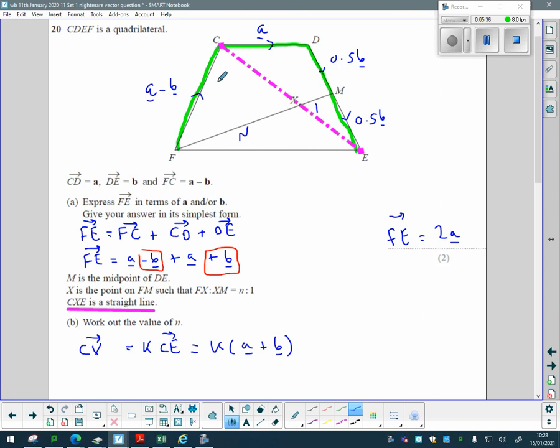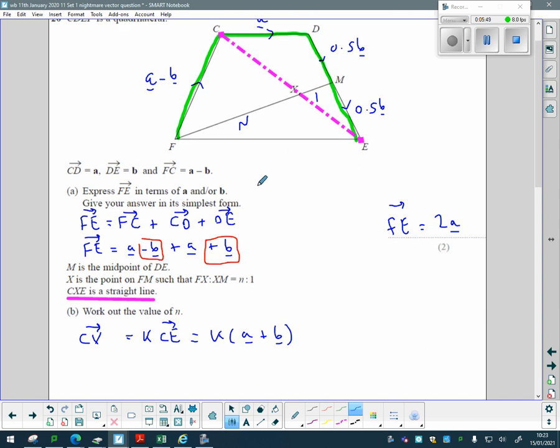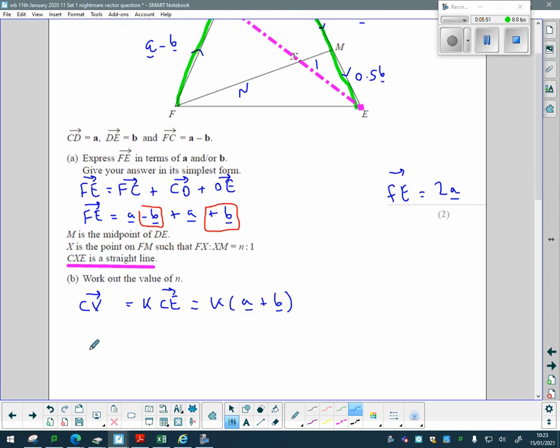Okay, so let's see if we can work out an alternative version of CX, which is going to involve going down this vector FM. So let's work out the vector FM first.